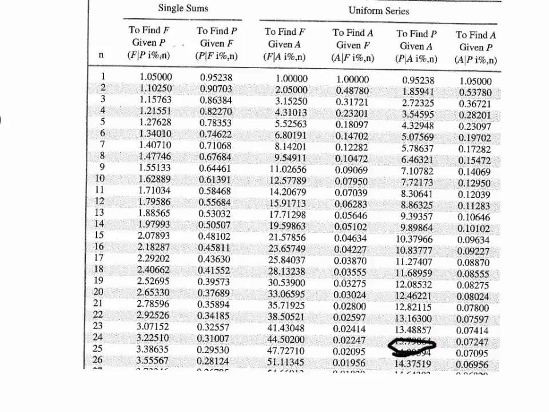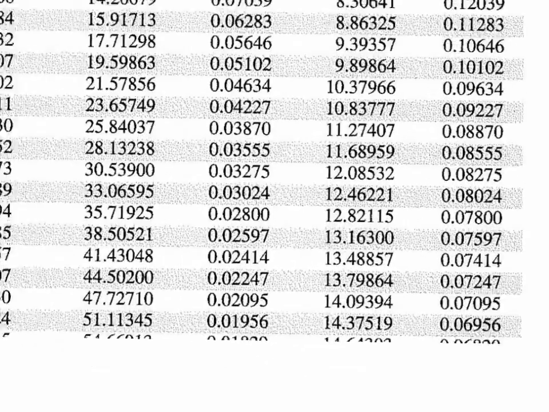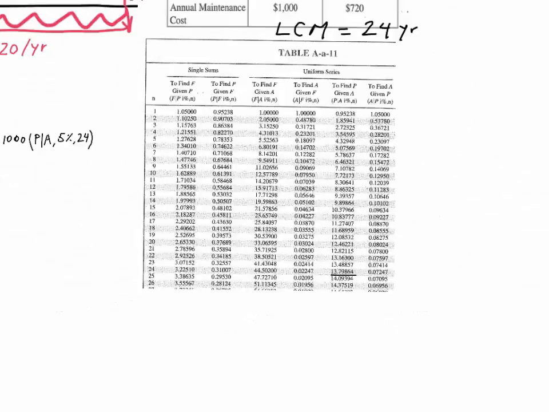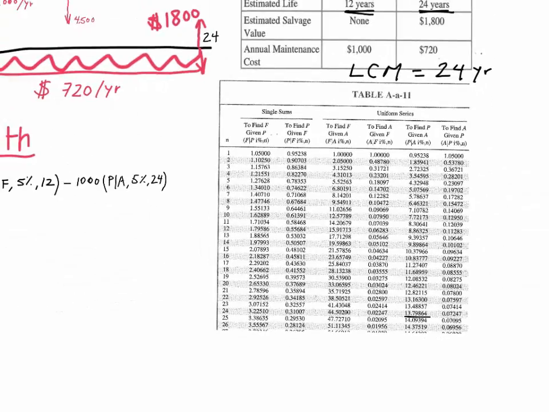So that one, P given A, 5% and 24, is 13.79864. Okay, so that's the factor for P given A.